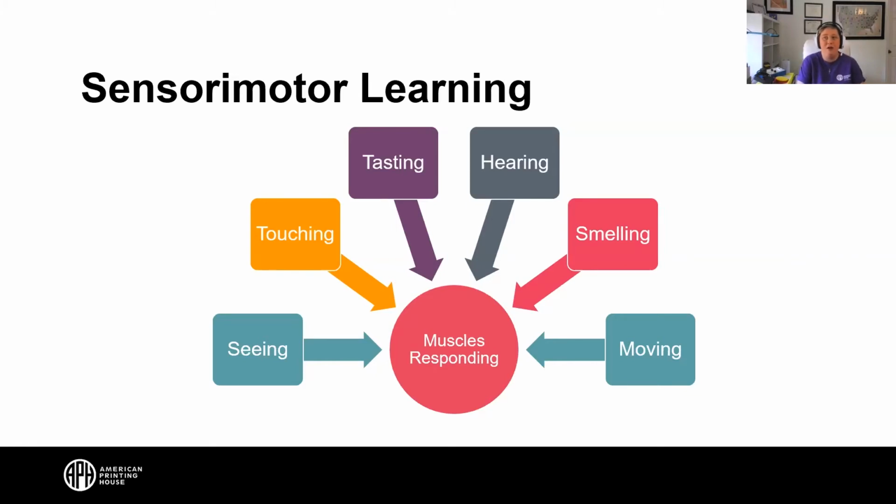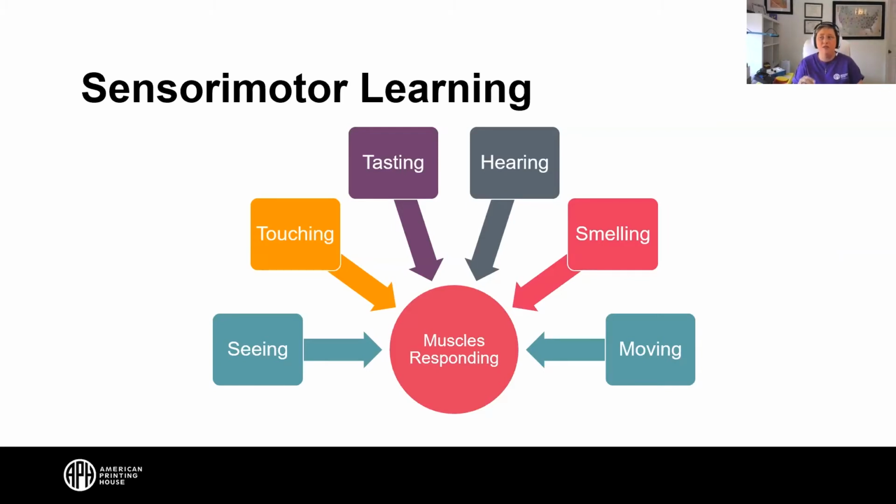If you're walking along with the worksheet, I want to tell you the very best learning takes place when a sensory source and a muscle response happen together. So think for a minute, drop something in the chat if you can think of an example of a muscle response and a sensory source pairing that you know of.